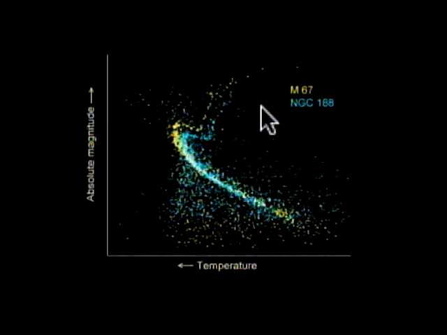So let's focus first on M67, which is the cluster that I just showed you before. M67 has a main sequence of stars, but it doesn't have bluer stars here. The bluer stars in the main sequence are missing. They are missing because they died already. Big, massive blue stars live very bright, but they die young.